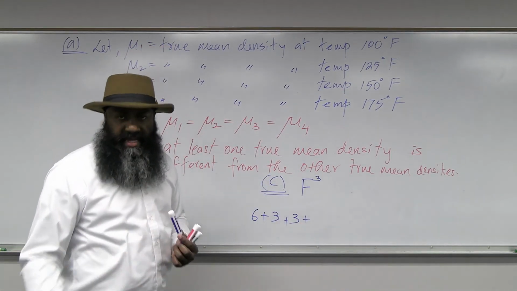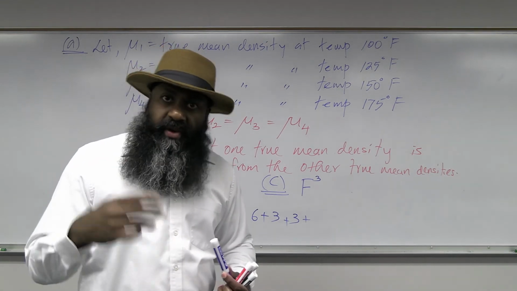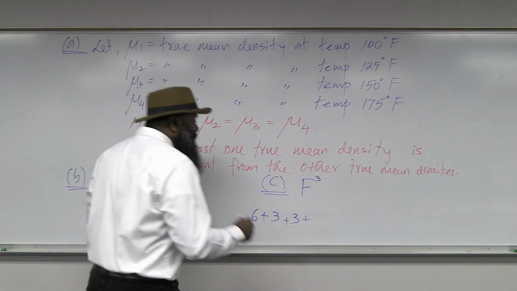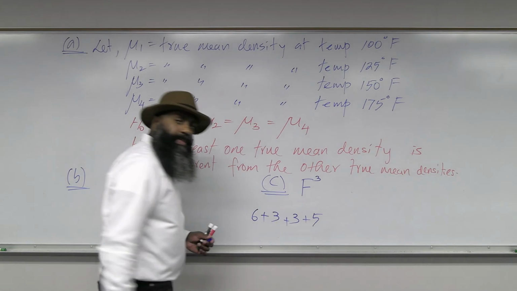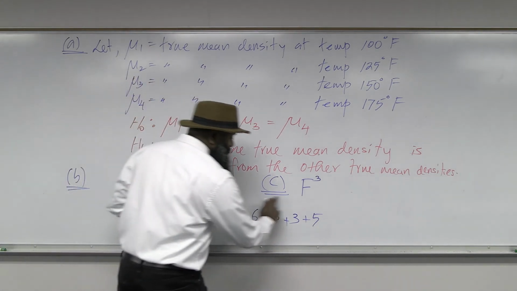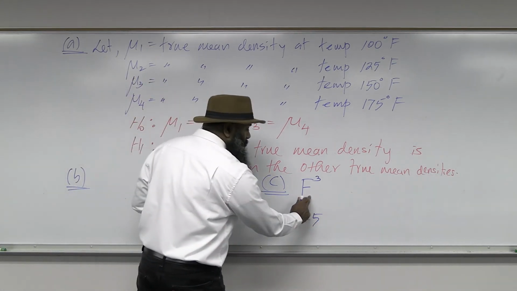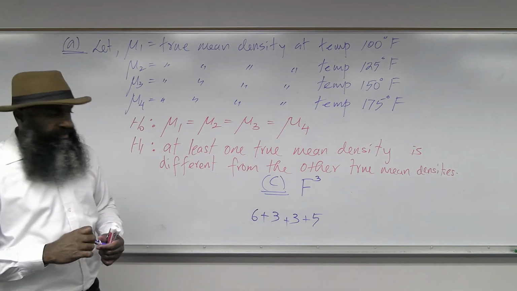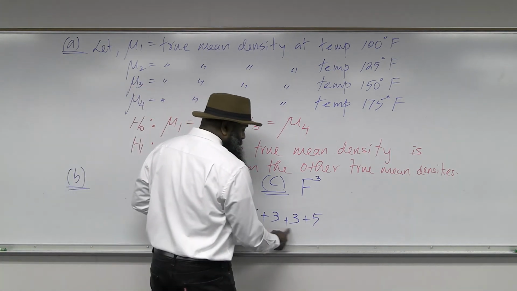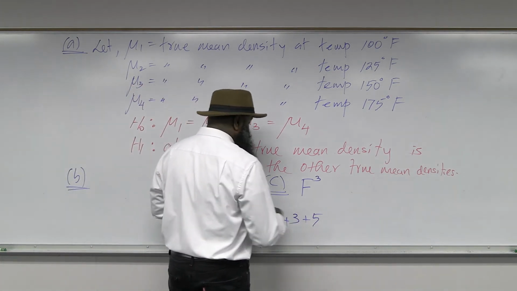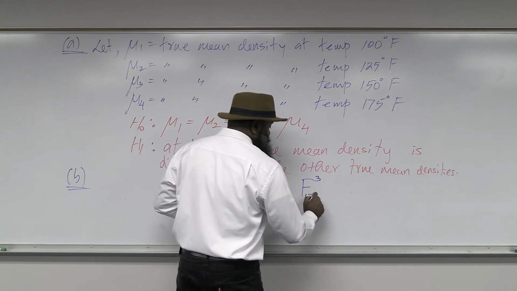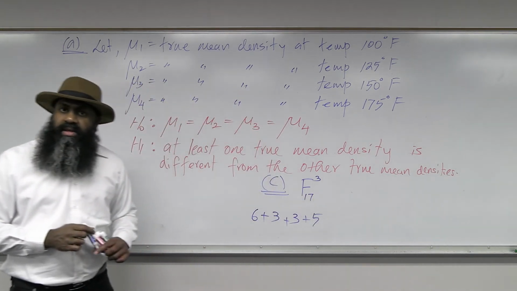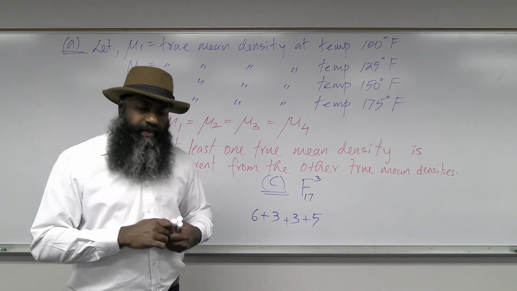The fourth group has 6 data points. Therefore, from the fourth group, I get 5 degrees of freedom. So the summation of all these should be equal to the total within group degrees of freedom. This is 9 plus 3 is 12 plus 5 is 17. So this is the distribution I should use to find the critical value.